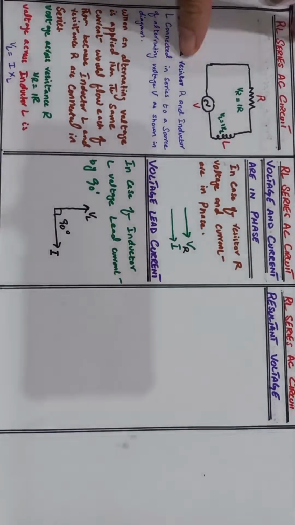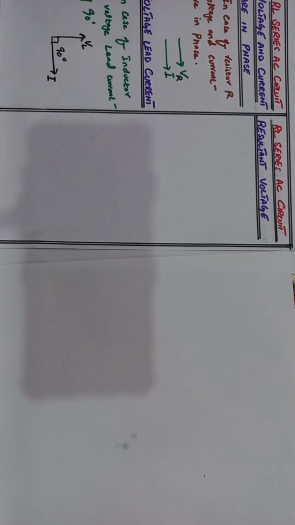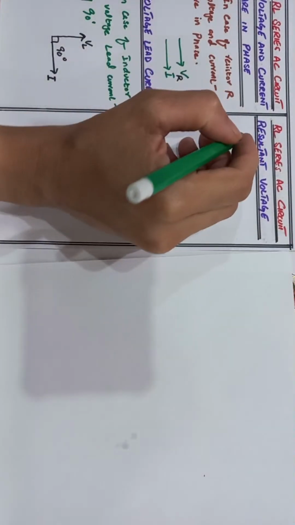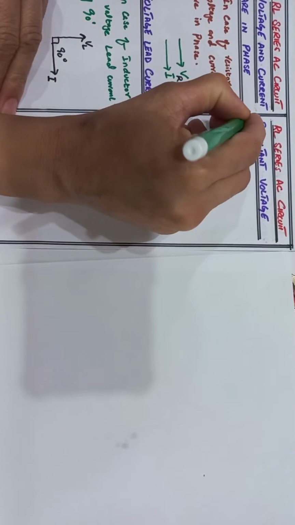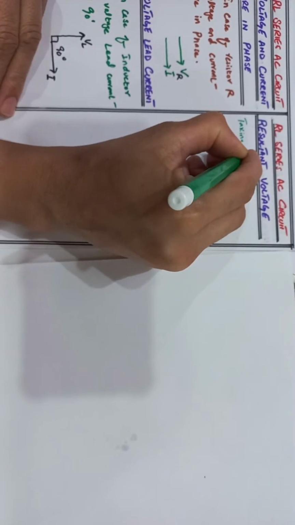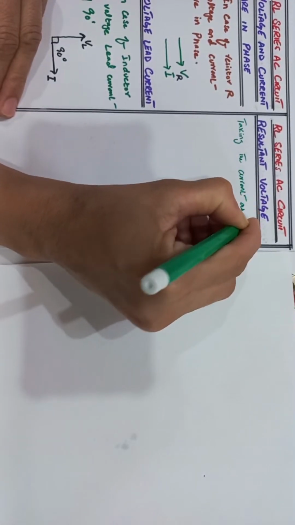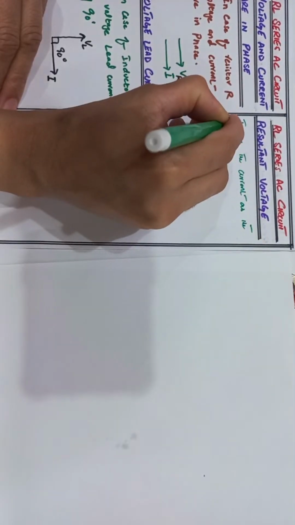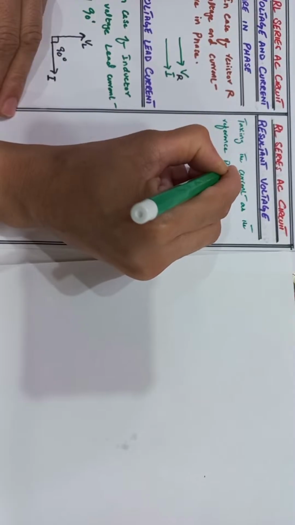To find the resultant voltage, we take the current as the reference phasor.